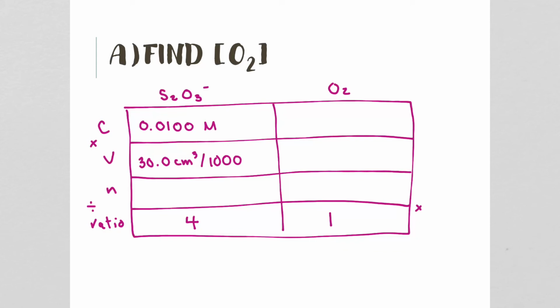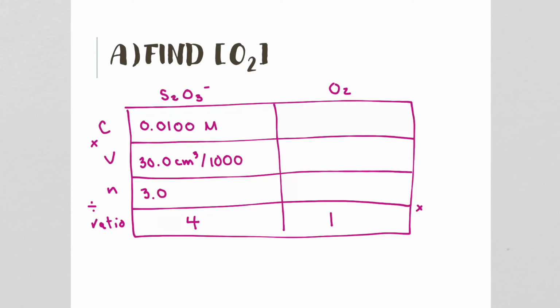So that times that will give us our number of moles. So we have 3.00 times 10 to the negative 4 moles of the substance. Now we need to divide by 4 and multiply by 1 to get our number of moles of oxygen. So that's going to be 7.50 times 10 to the negative 5 moles.